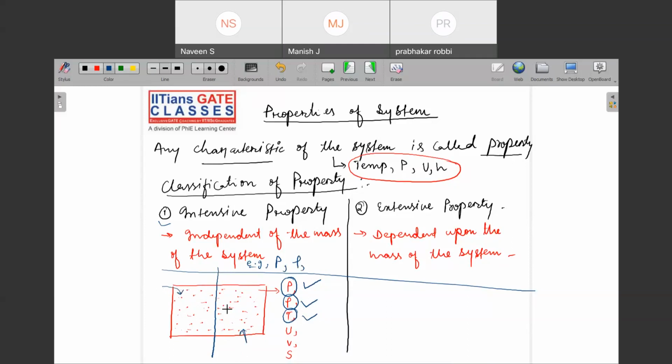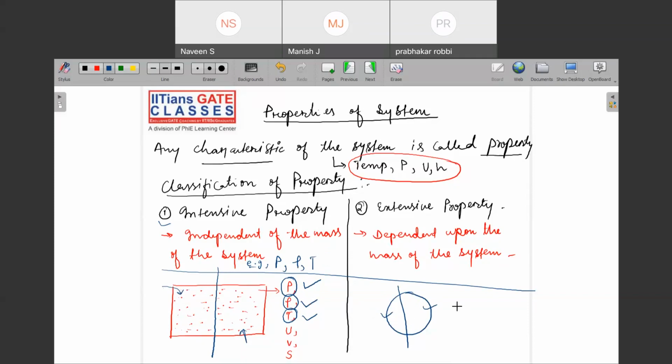Say, for example, you have a piece of bread, and you cut it into two equal parts. You will never feel that the temperature of this part and this part has changed. The temperature will always remain the same. So temperature again becomes an intensive property.